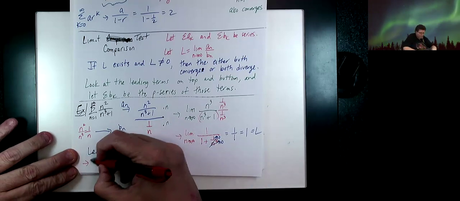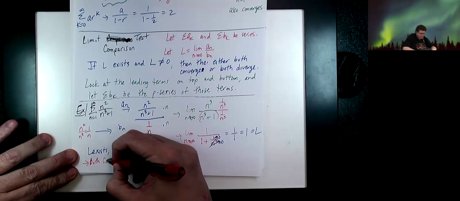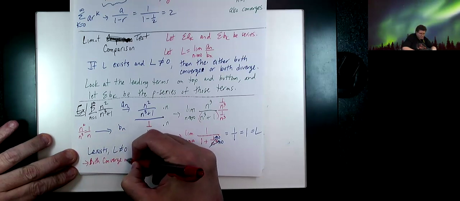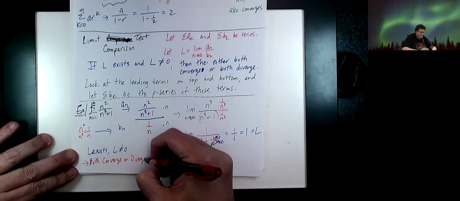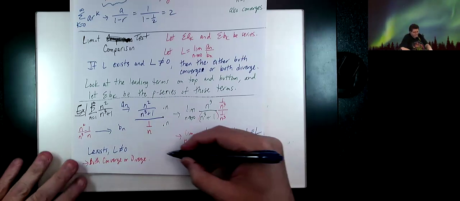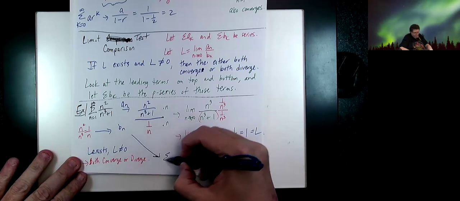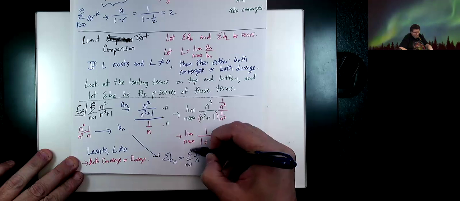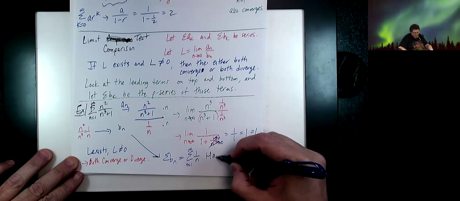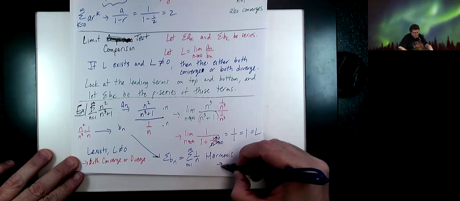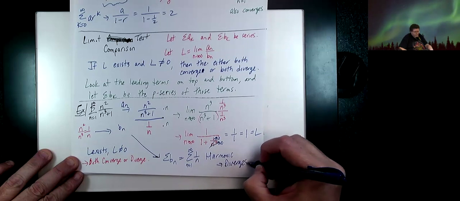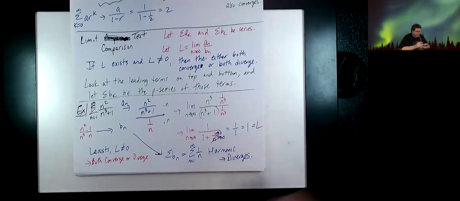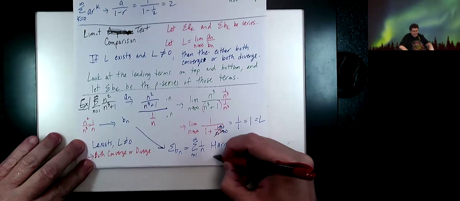So this means both converge or diverge. b sub n was the sum of 1 over n. That's harmonic and diverges. Which means what we started with diverges. Thus, a sub n diverges.